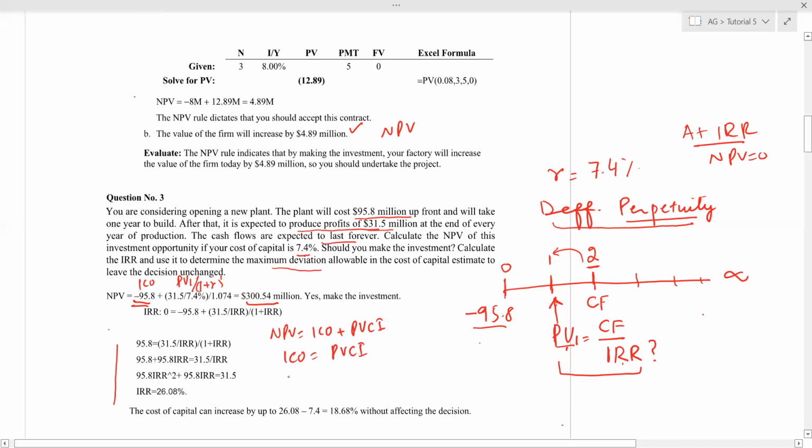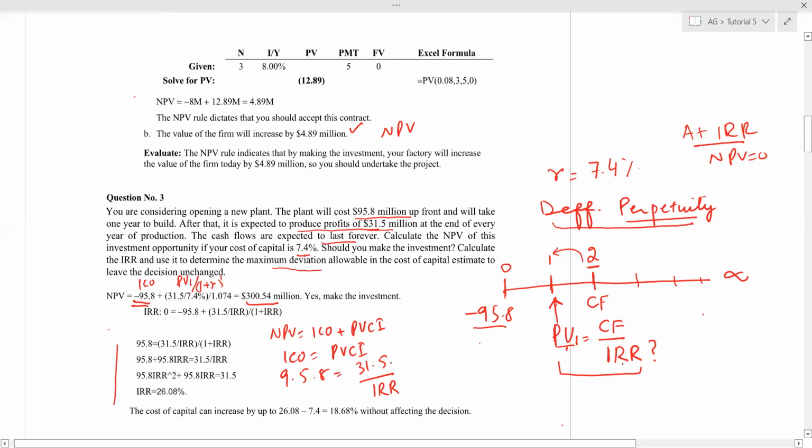You will see ICO is 95.8 and the present value of cash inflow we need to calculate. So it is equal to 31.5 divided by IRR. We need to calculate this rate.